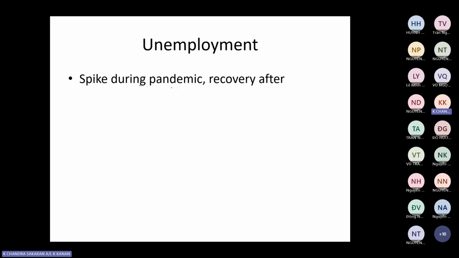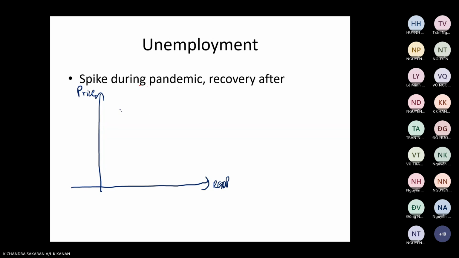Then during the pandemic, I just take an example. This is what happened during the COVID period. Even now, because of the war, same thing, same problem. We can use the goods and services market model. There is price, real GDP, aggregate demand, short-run aggregate supply.